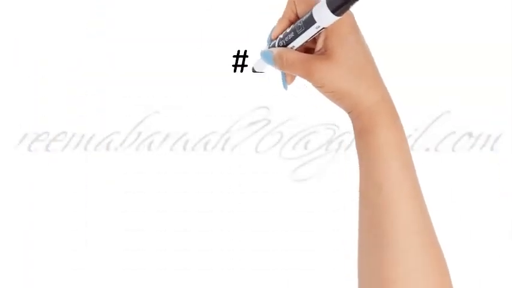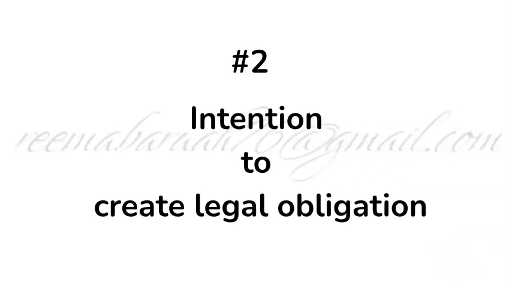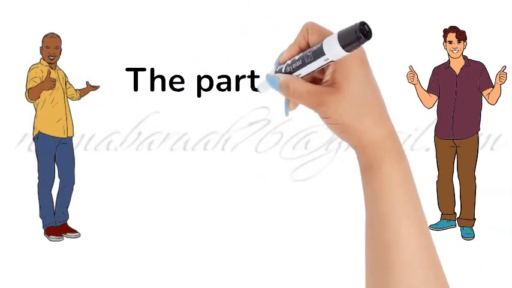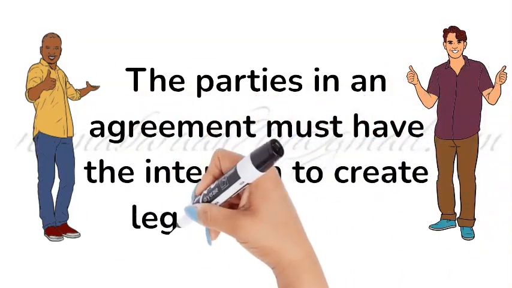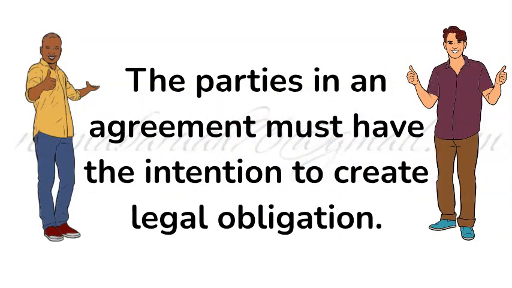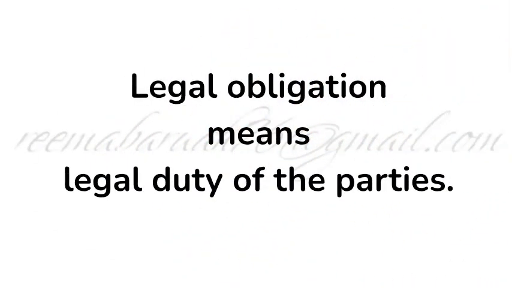Now we move on to the second condition: intention to create legal obligation. The parties in an agreement must have the intention to create legal obligation. Legal obligation means legal duty of the parties.